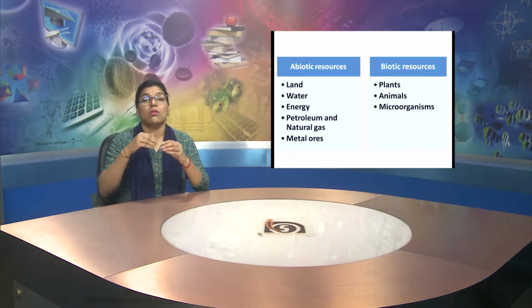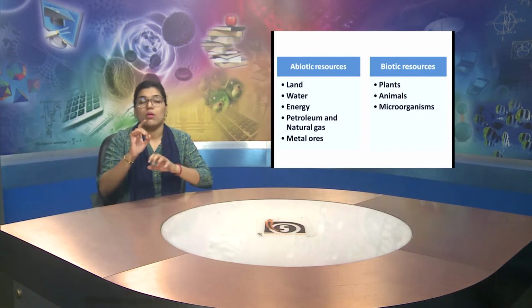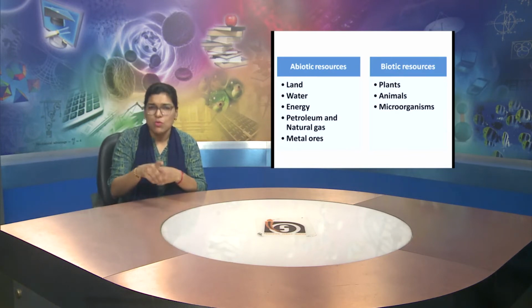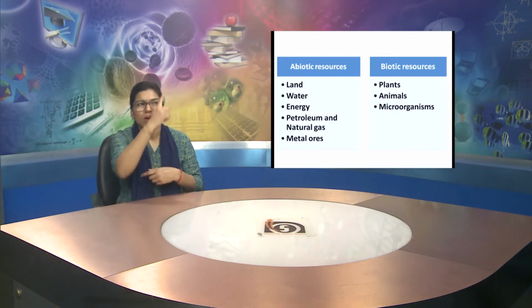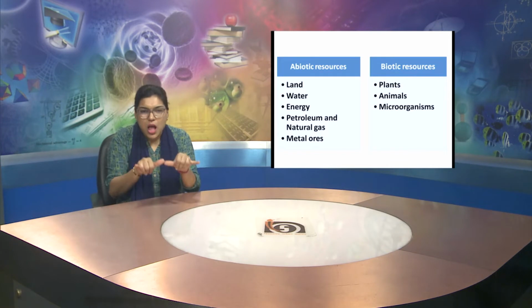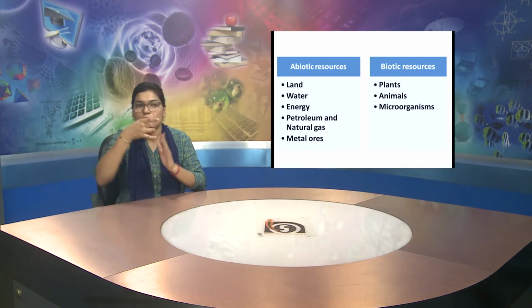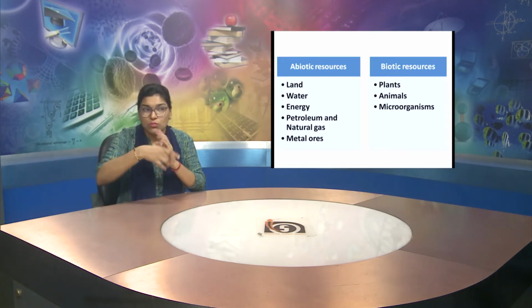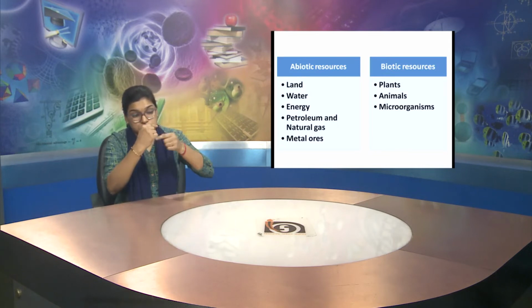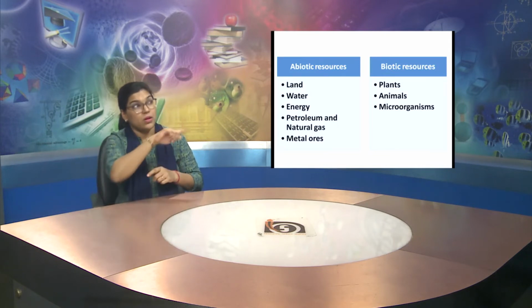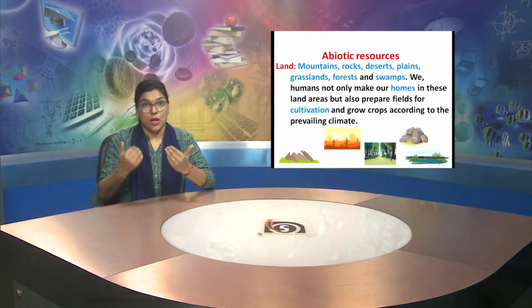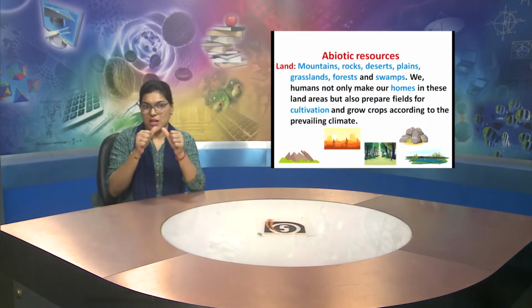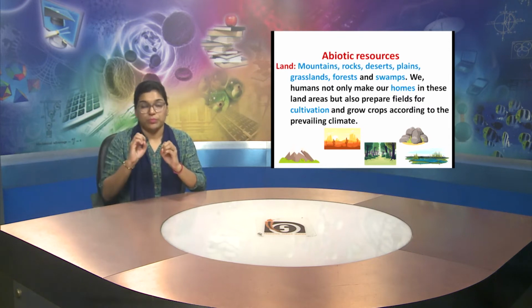On the right side of the screen, you can see the biotic resources are plants, animals, like we are also biotic resources, and microorganisms. We will understand both of these resources in more detail in our further slides. Now, let us begin with abiotic resources.